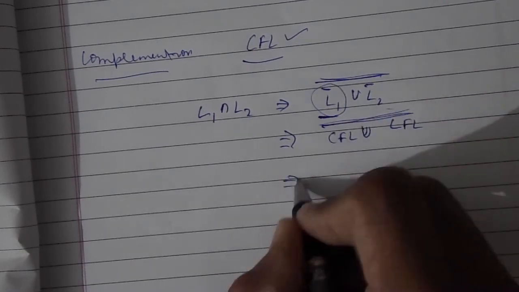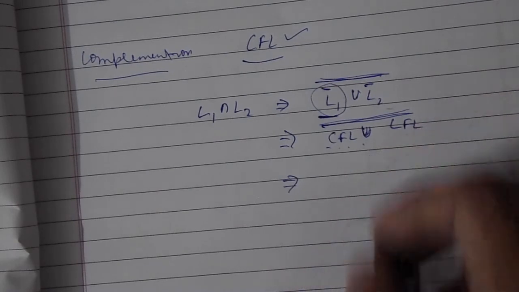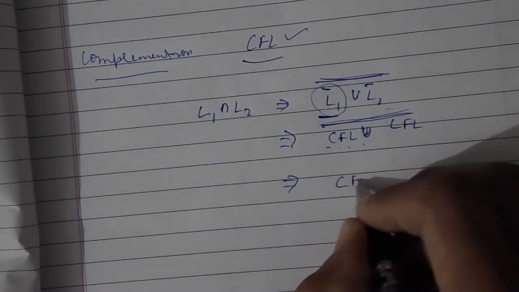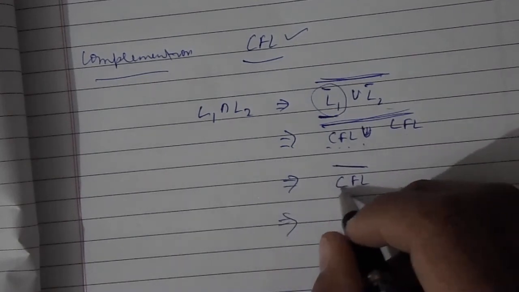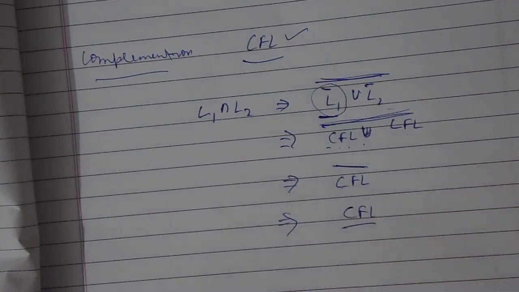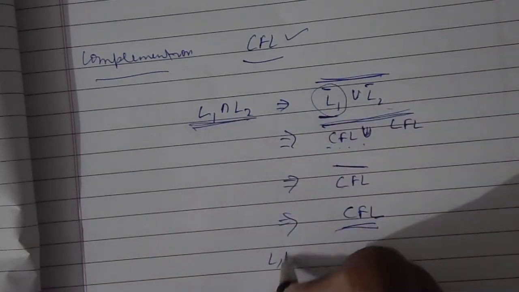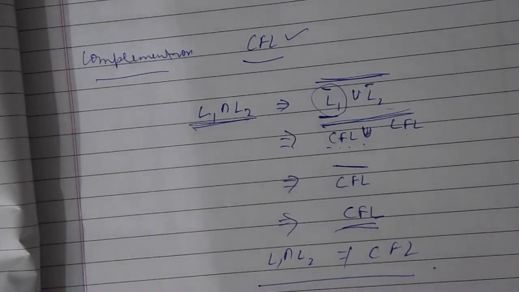Now for this CFL union CFL, we have proved that languages are closed under union. So this comes out to be a CFL, and its whole complement, as we assumed that CFL is closed under complementation, is also a CFL. So this is coming out as a CFL, which is not equal to L1 intersection L2, because we have proved that CFL is not closed under intersection.